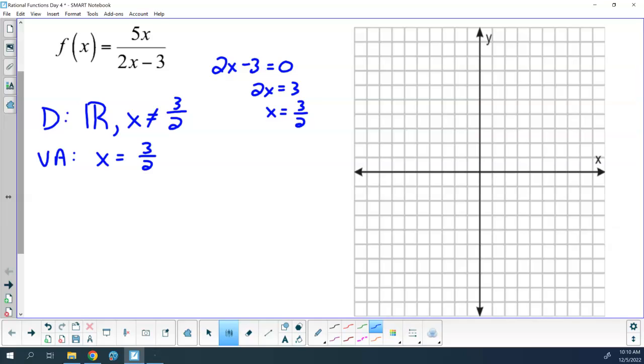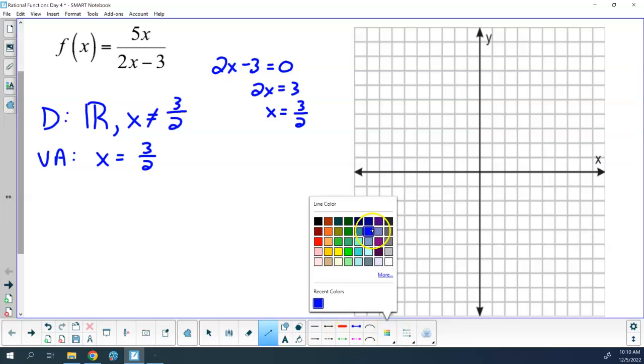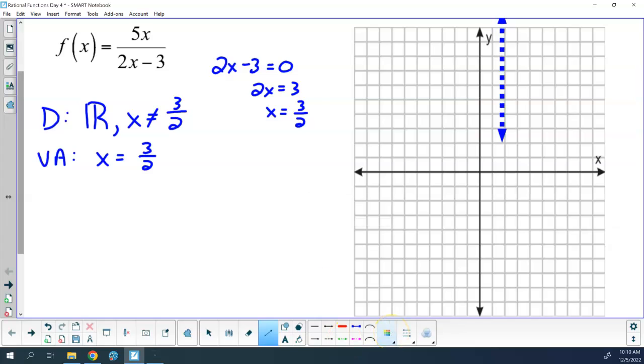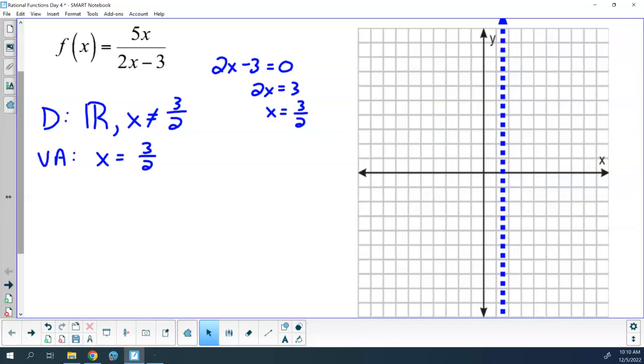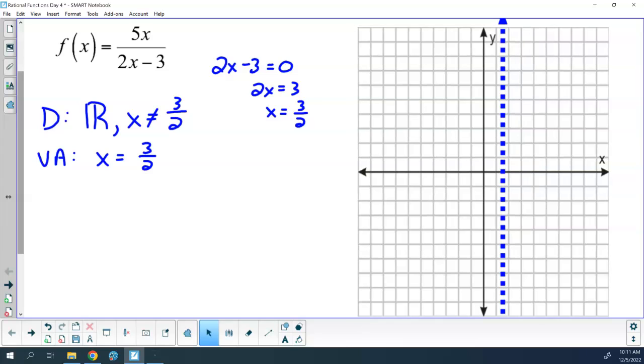And where is it? At roughly 1.5, so that would be somewhere right about there. Agree?